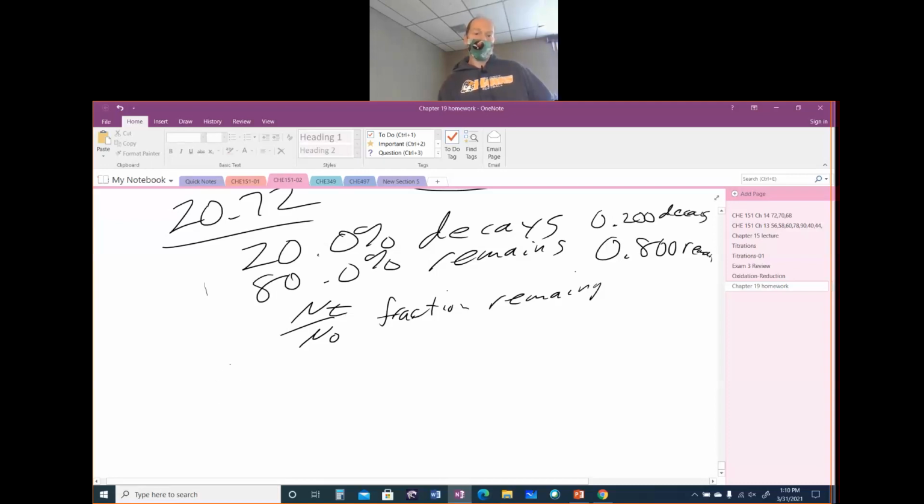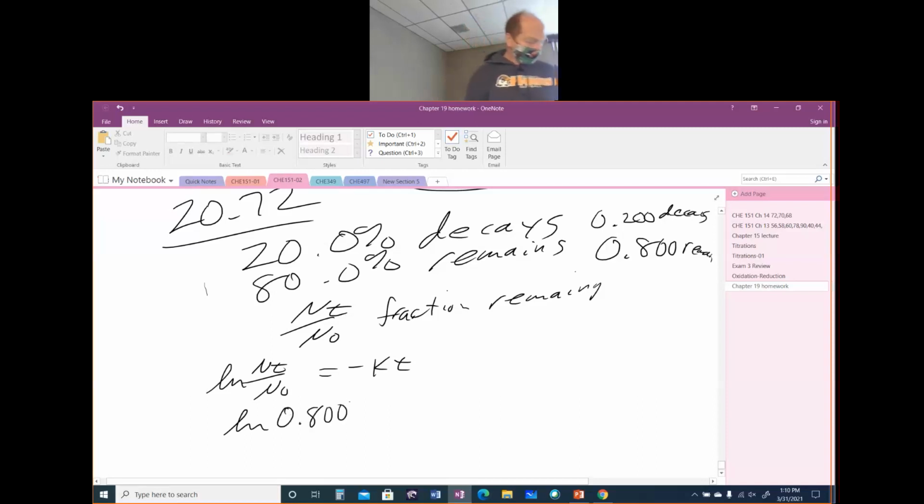So when you have ln of Nt over N0 equal to negative kt, you're putting in the ln of the fraction 0.8. 80% of the sample of zinc remains in 69.9 days.